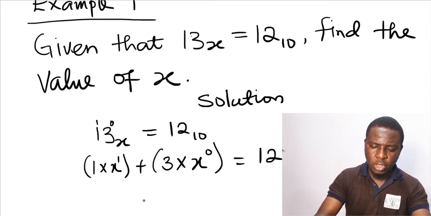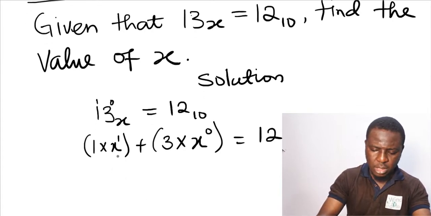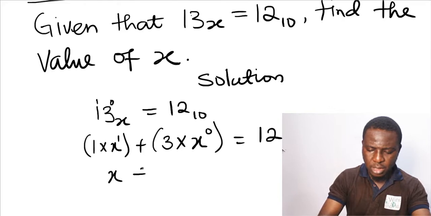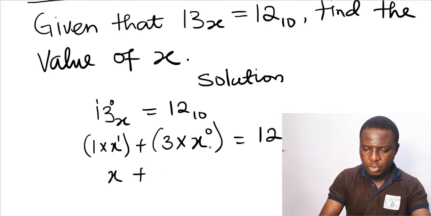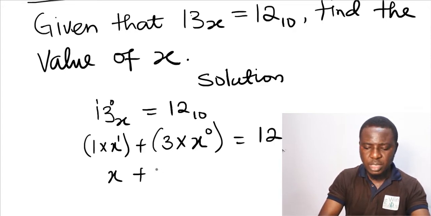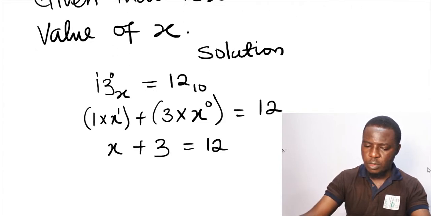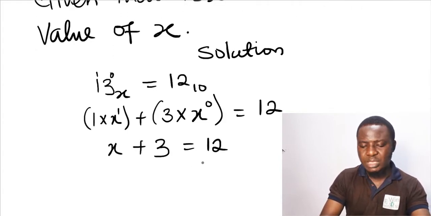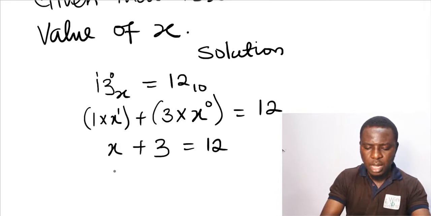So this now becomes 1 times x raised to power 1 is said to be x plus 3 times x raised to power 0 is said to be 1. For anything raised to power 0 is 1. So 1 times 3 is said to be 3 is equal to 12. So that this now becomes a linear equation, and we'll then solve by collecting like terms.